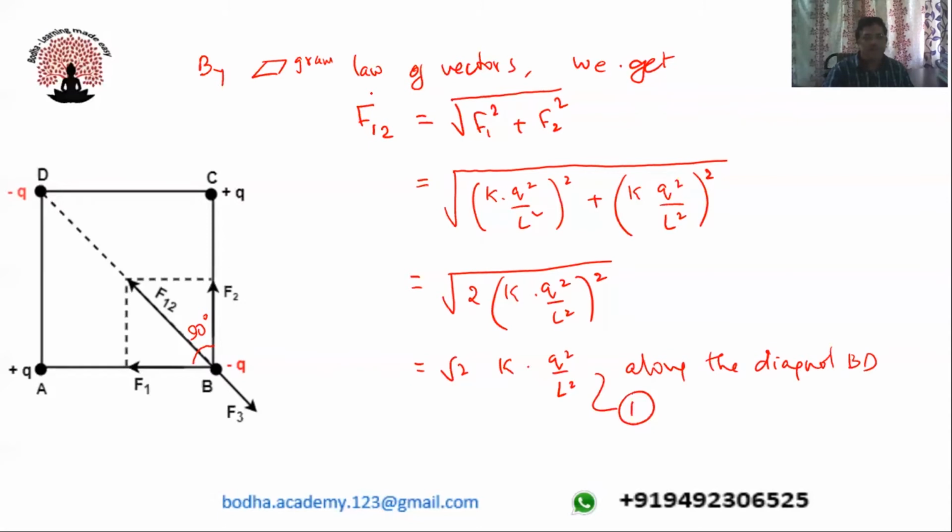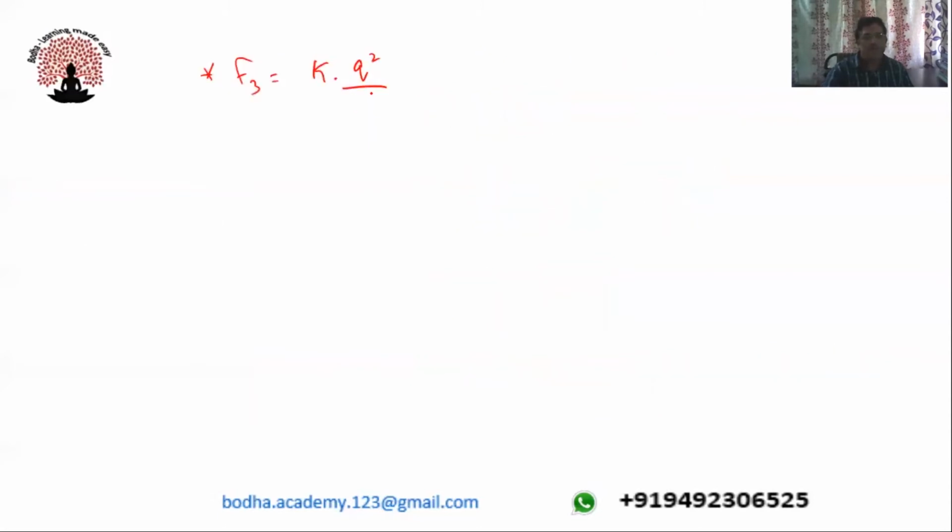The diagonal of a square is nothing but root 2 L, hence I can write root 2 L whole square. So this is equal to K into Q square by 2 L square, and the direction is along DB. Let me call it equation 2.